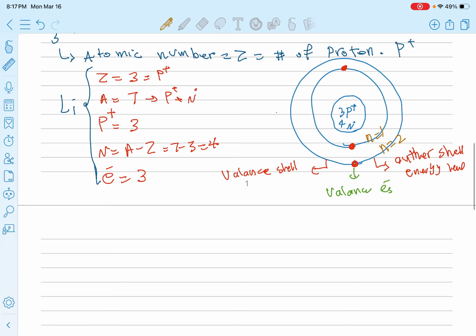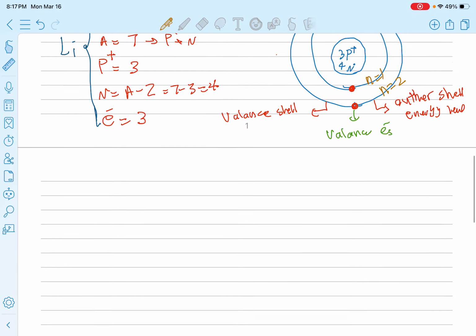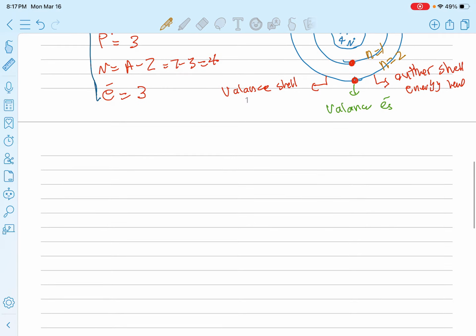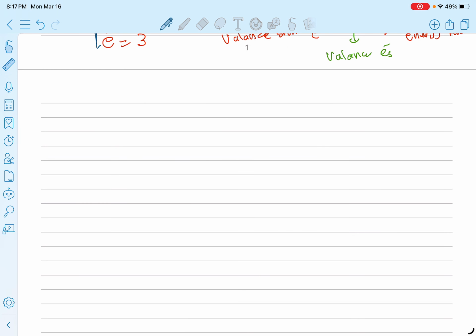So now you have to focus on these 2 hints, which are really important for us. Let me write them down in blue. The first hint is when we are putting electrons in energy levels, or when we draw the electron configuration based on the Bohr model.